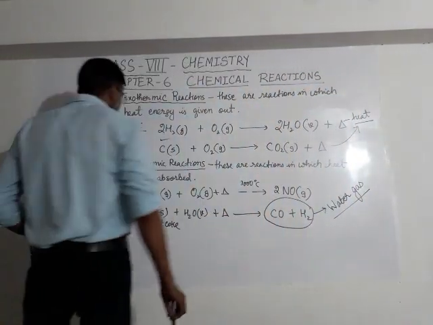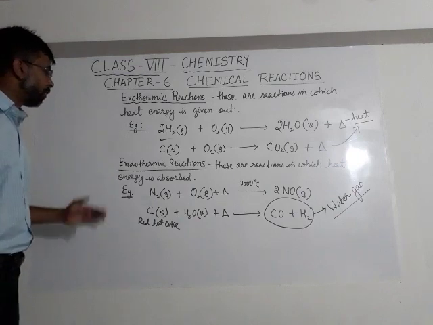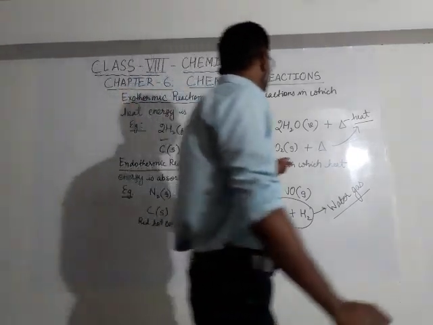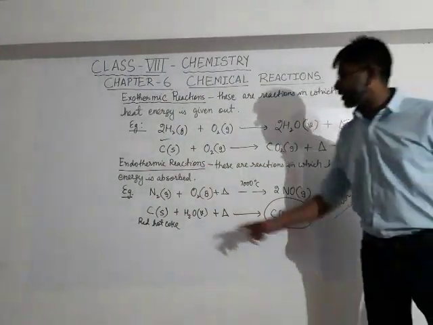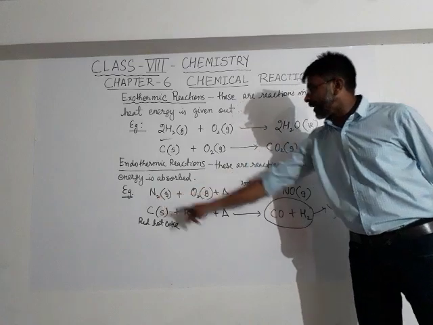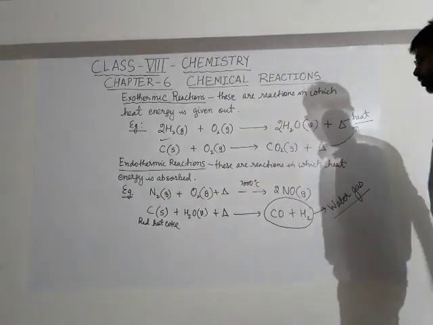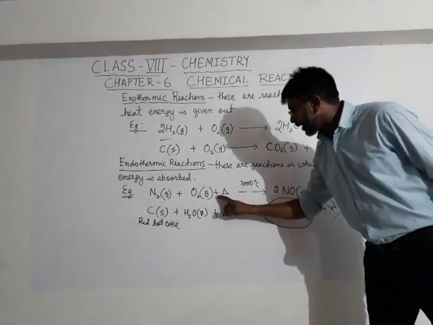Now, I have given you two examples of endothermic reactions. I revise it once more. Endothermic reactions are those reactions in which heat energy is absorbed. The first example is the reaction between nitrogen gas and oxygen gas at 3000 degrees Celsius to produce nitrogen monoxide. Here heat energy is absorbed.